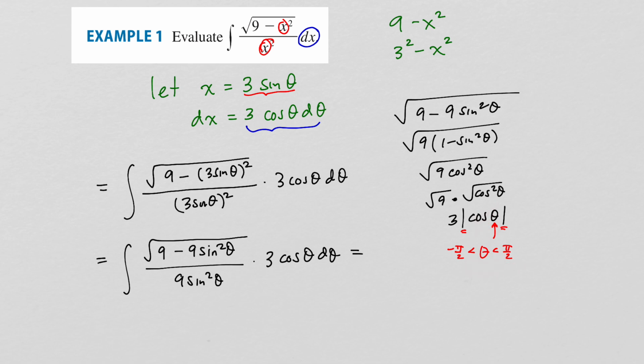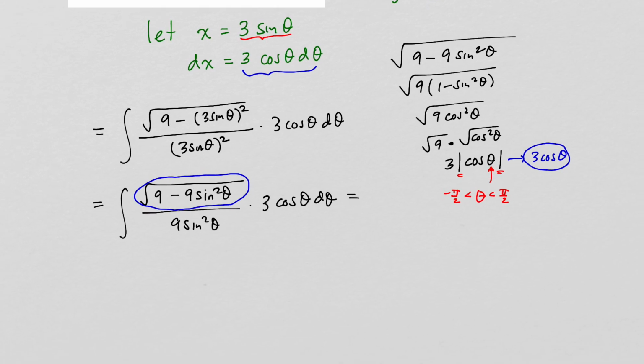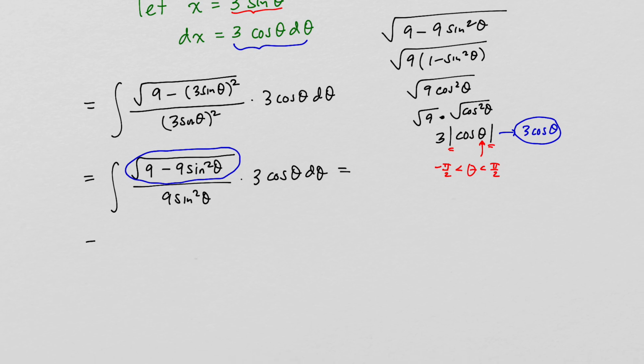So the bottom line is we're just going to simplify this to be 3 cosine of theta. So this whole expression right here is going to be replaced with 3 cosine of theta. So what we have here is the integral of 3 cosine of theta divided by 9 sine squared of theta times 3 cosine of theta d theta.